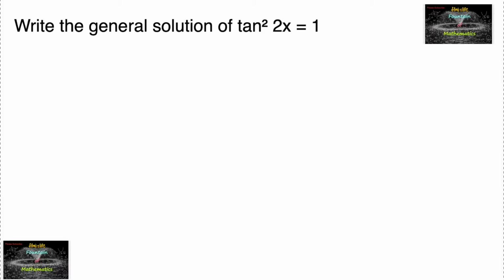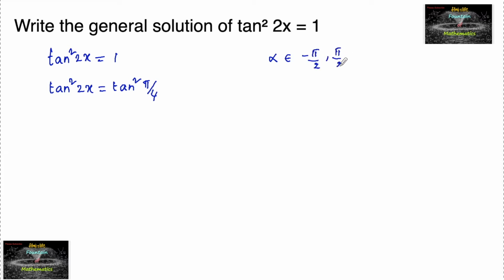Write the general solution of tan square 2x is equal to 1. So given equation tan square 2x is equal to 1, which can be written as tan square 2x is equal to tan square pi by 4. So let's consider for this the principal solution alpha, which lies between minus pi by 2 to plus pi by 2.